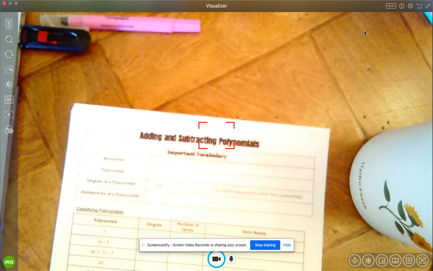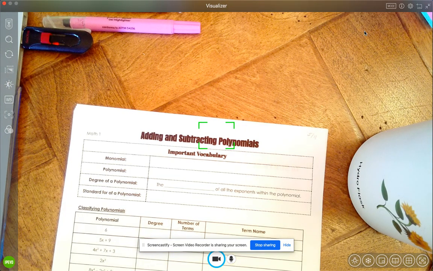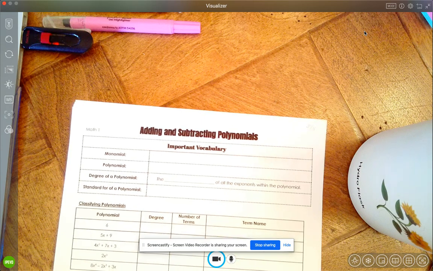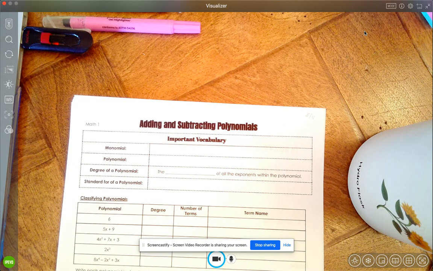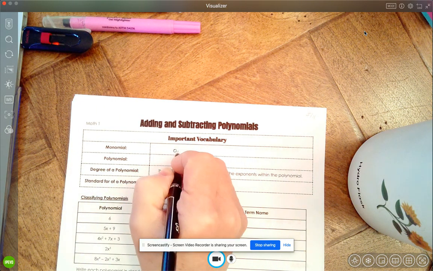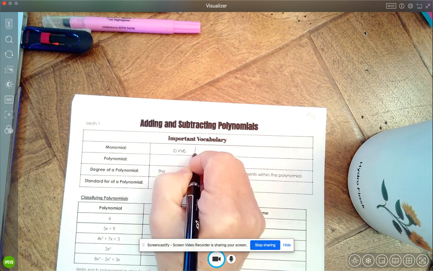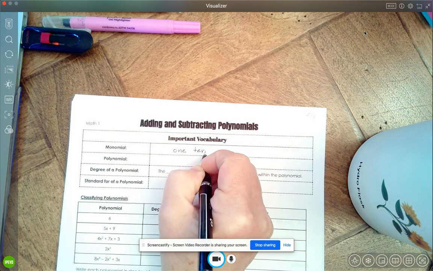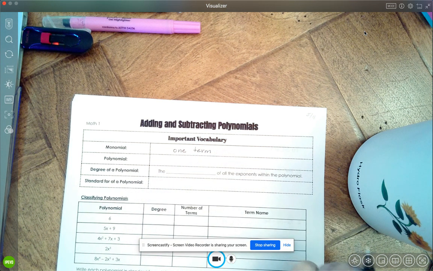All right. First of all, you have this in your documents, and we're just going to go over some very important vocabulary. A monomial is one term. 4x, 4x squared, 3, okay?